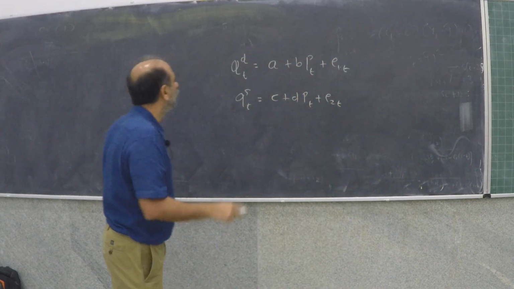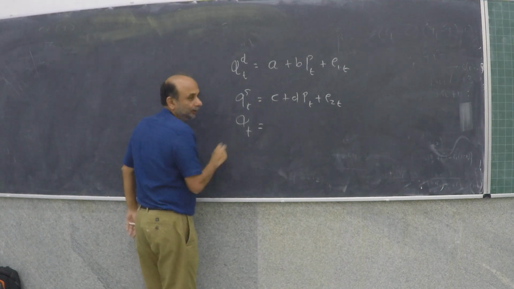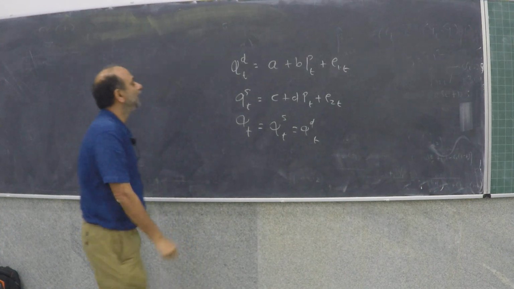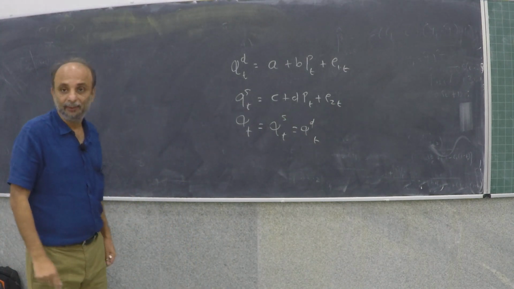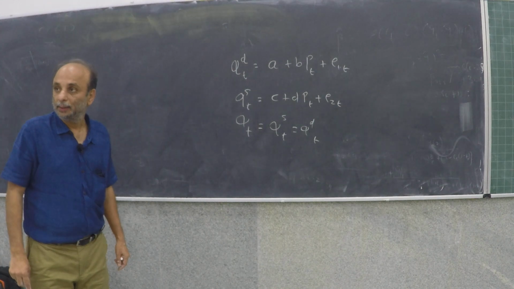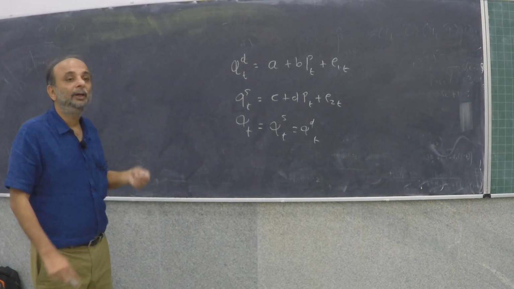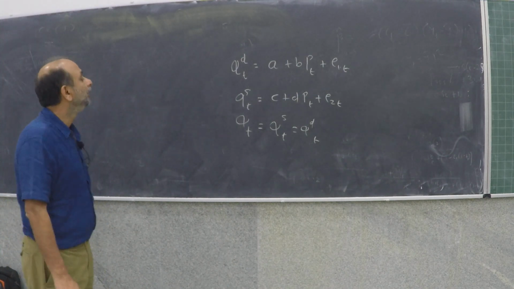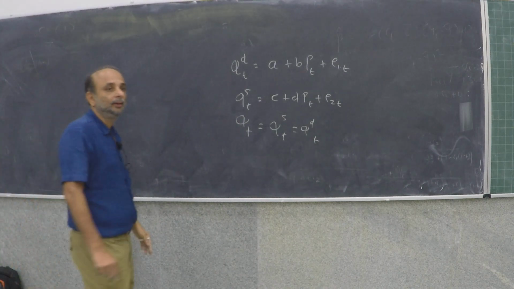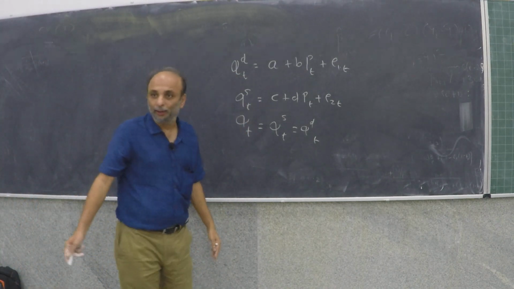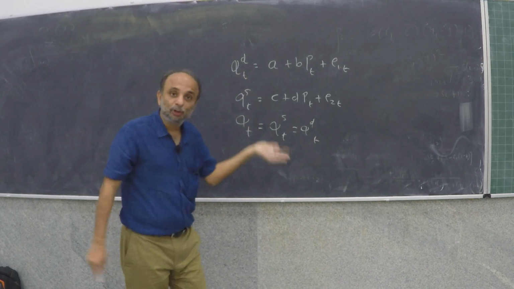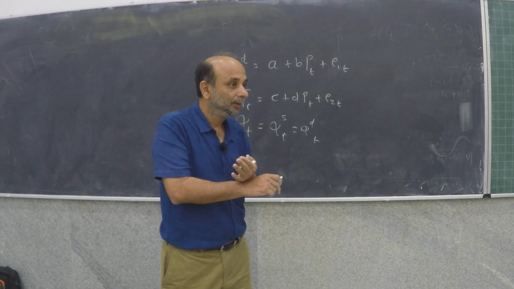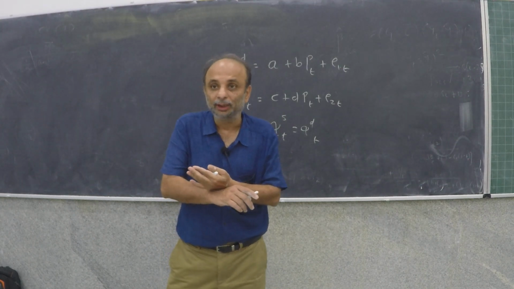So what you see is a QT which satisfies the condition QS equals QD. Here the endogenous variables are QT, QS and QD. The price is also an endogenous variable, because price is determined within the system, it's not given to you exogenously.